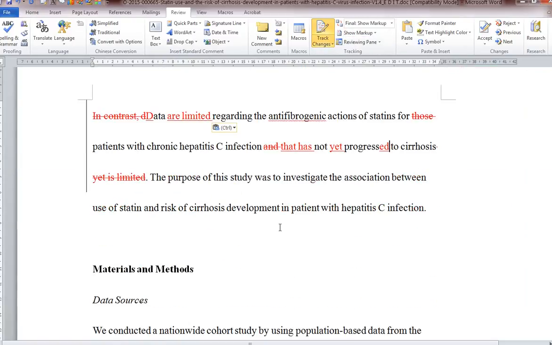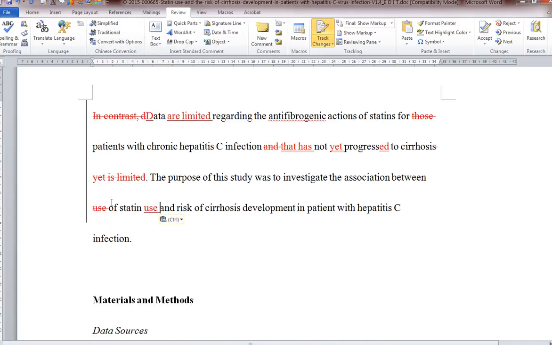Okay, here we have the final sentence of the introduction. The purpose of the study was to investigate the association between use of statin. Use is a countable noun. Okay. Actually, we can use it non-countably, but here generally we'd have the use of statin, but I think I'm going to go ahead, yeah, it can be used non-countably in this instance.